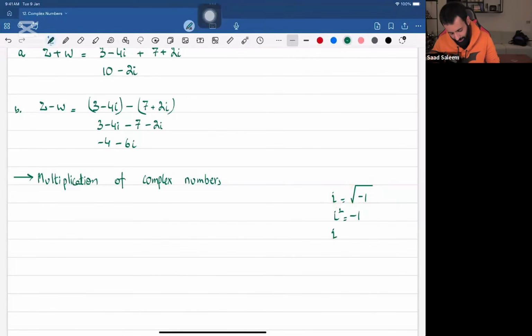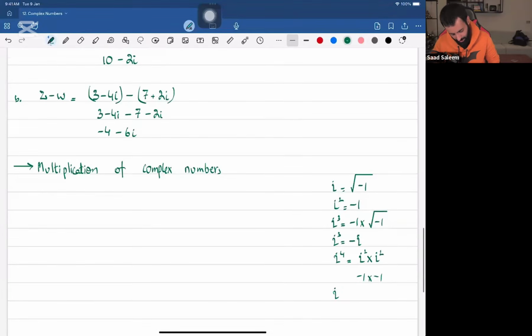Then if I find I cubed, that means minus 1 multiplied by the square root of minus 1, which means that I cubed is equal to minus 1 iota, or simply minus iota. Then I to the power 4 means I squared into I squared, which means minus 1 into minus 1, so I power 4 is equal to 1.